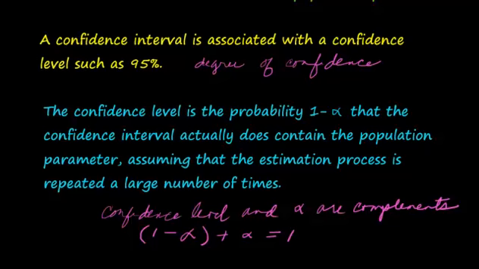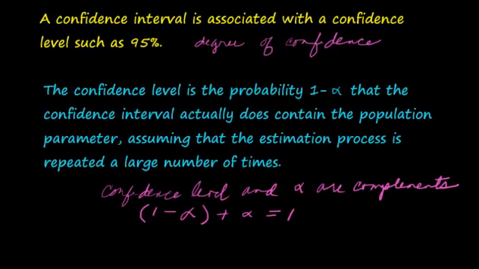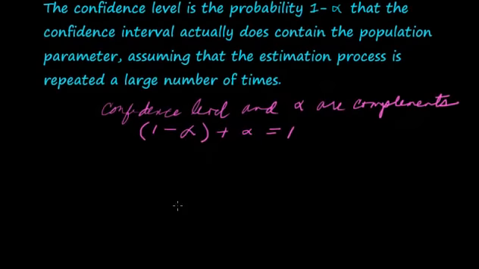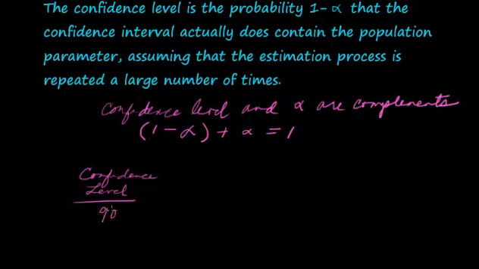So let's look at the most common choices. Since this is a choice researchers make, there are common choices that are made. And let's see, make a little table here. So our confidence levels, and one common confidence level is 90%.